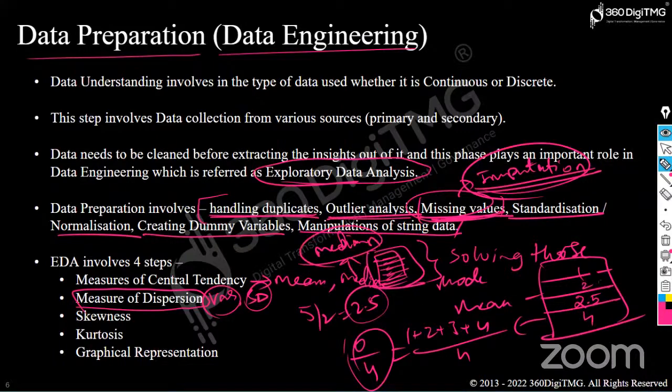So how do you calculate the median value? Let's say, for example, we have 1, 3, 2, 1, 4, 1, 3. If you have values like this, to calculate the median, we first arrange the values in ascending order.